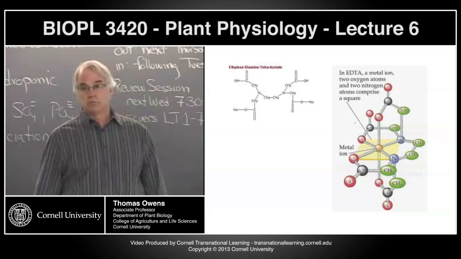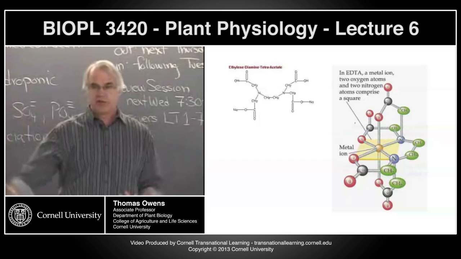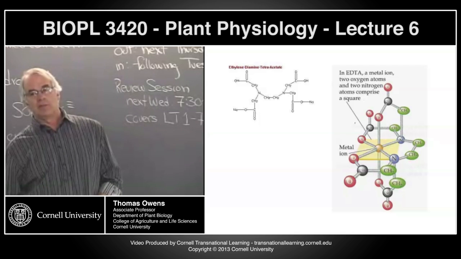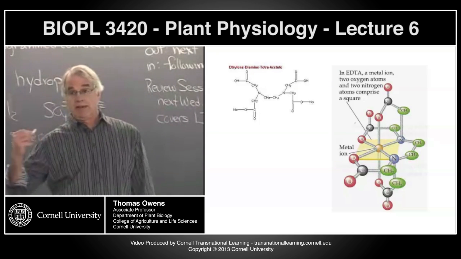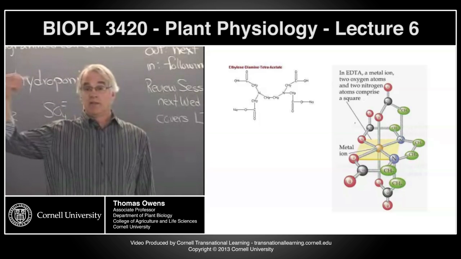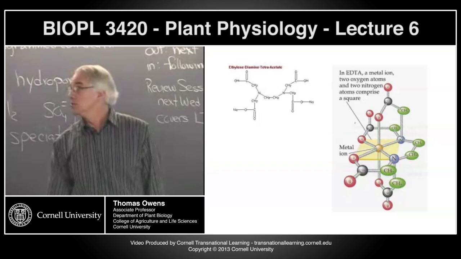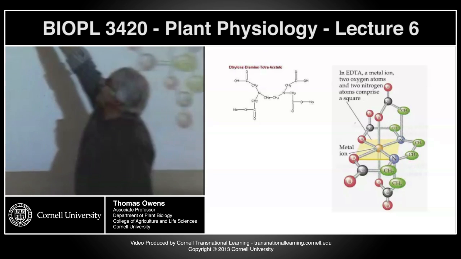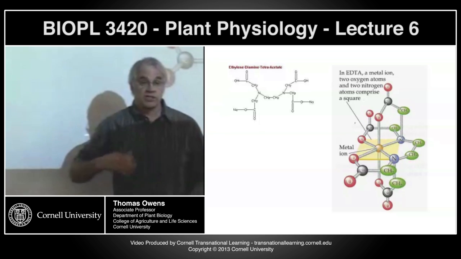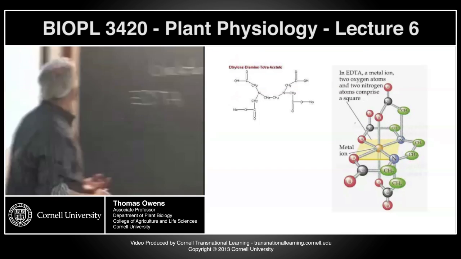So acids, in terms of their interaction with the world, we call them acids because they give up protons easily, right? So that means if they give up a proton, the acid group has a negative charge. So EDTA has got 4 acid groups on it, all of which can ionize, all of which can form negative charges.